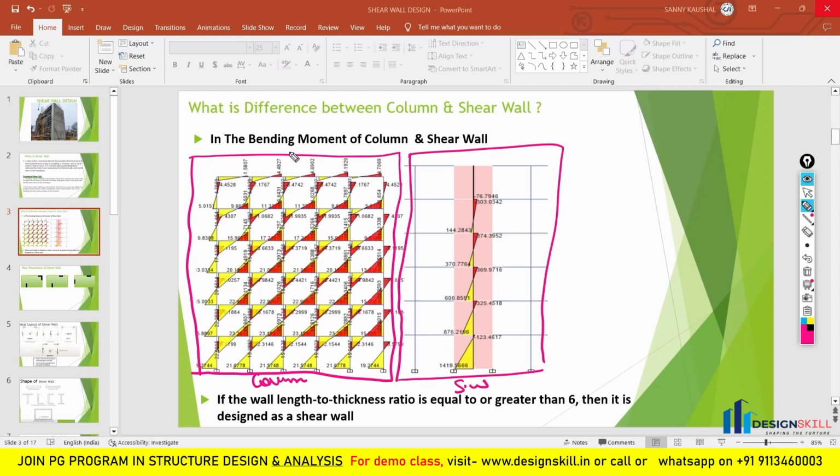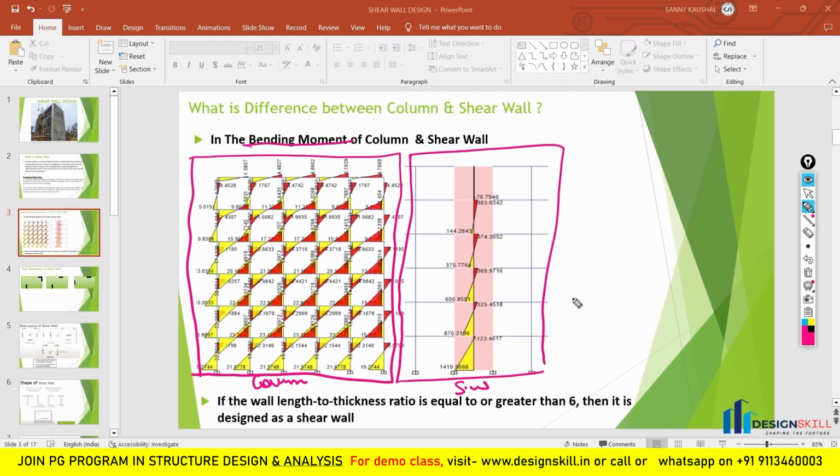So on the basis of the bending moment, or we can say on the basis of moment distribution, we are going to distinguish between a column and a shear wall. The two structural elements differ on the basis of the bending moment which they get in their structural configurations. Now if you carefully watch the moment distribution in the column, you will find a very important thing: the point of contraflexure.